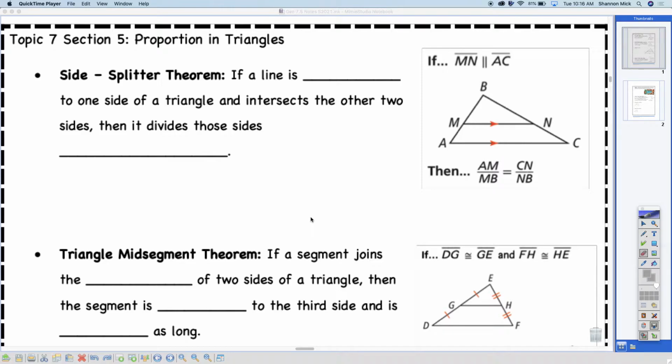If a line is parallel to one side of a triangle and intersects the other 2 sides, then it divides those sides, guess what? Proportionally.